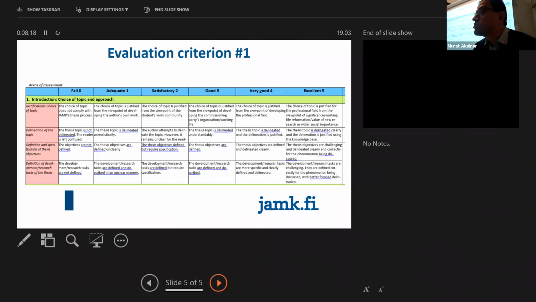If he writes in the introduction chapter a very good justification saying that our company has this problem, and doing this research and providing answers to the research questions will solve my company's problem, I will go and look at my criteria, and I will say that Yao Ming's thesis for this criterion deserves the grade of 3, which says the choice of topic is justified from the viewpoint of developing the commissioning party's organization and working life.